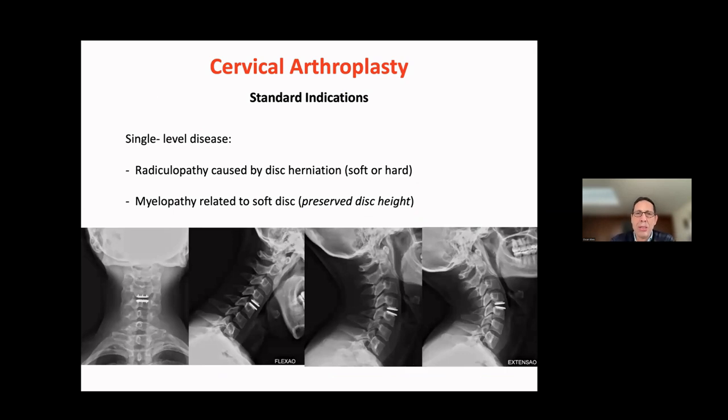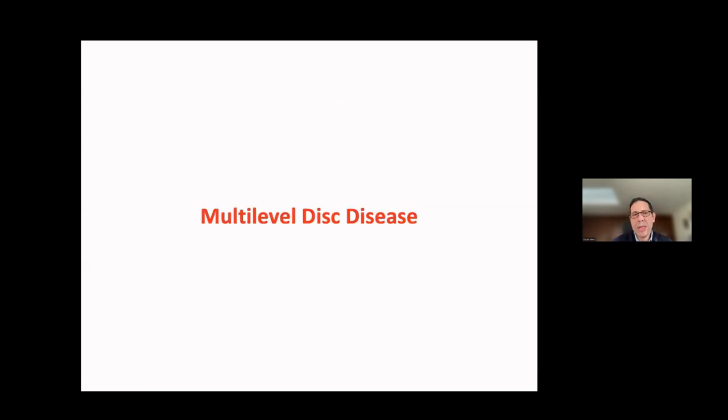So coming to my topic, I don't think you should apply arthroplasty only as a standard indication in single level disease, in a radiculopathy caused by a disc herniation or myelopathy with a soft disc and preserved height. This is where we started.